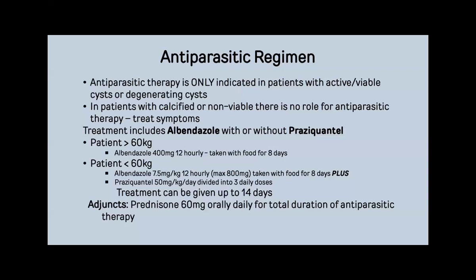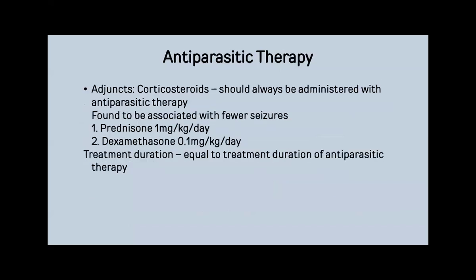In some instances, you can add praziquantel at a rate of 50 milligrams per kg in divided doses of 3. Treatment can be given for up to 14 days. Adjuncts to the treatment are prednisone, 60 milligrams orally daily for the total duration of the antiparasitic therapy that you'd be giving.